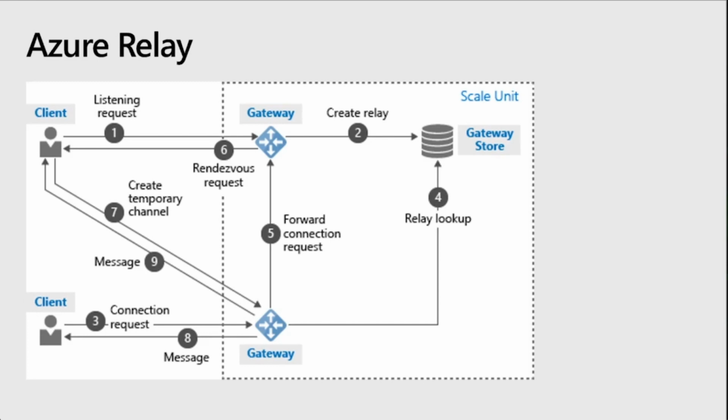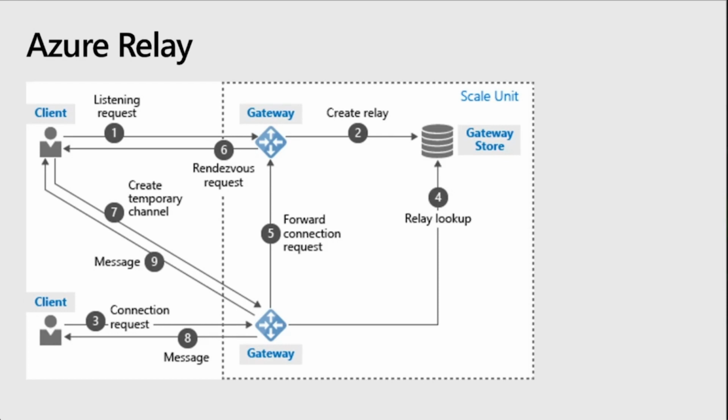In step three, the sending client sends a request to connect to the listening service. In step four, the gateway that receives the request looks up for the relay in the gateway store. In step five, the gateway forwards the connection request to the right gateway mentioned in the gateway store.